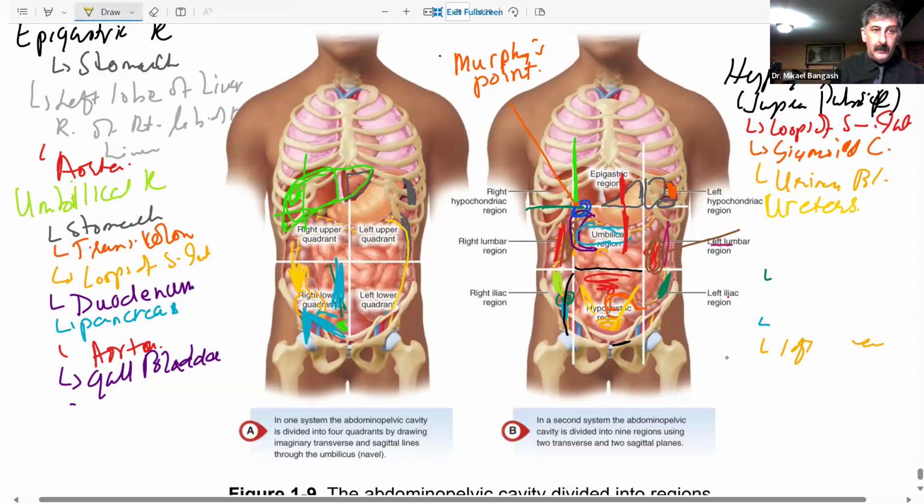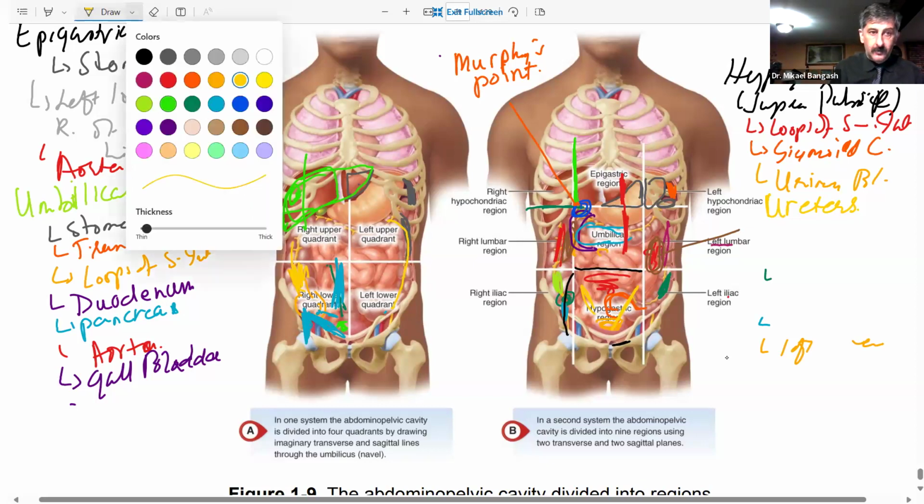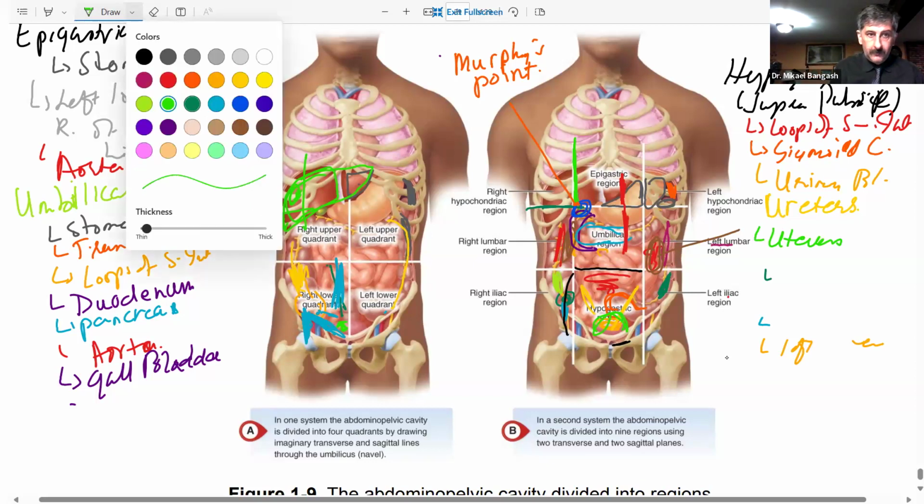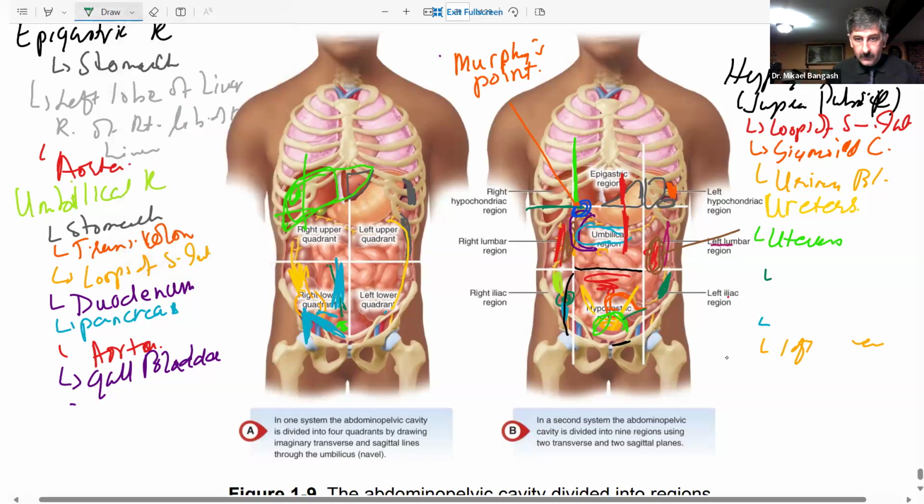Now in females, what we find here is the uterus. You will even find the uterine tubes, or the fallopian tubes.